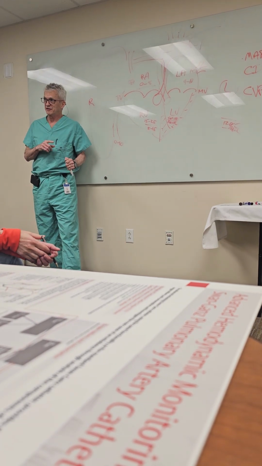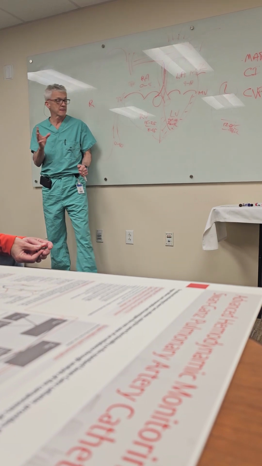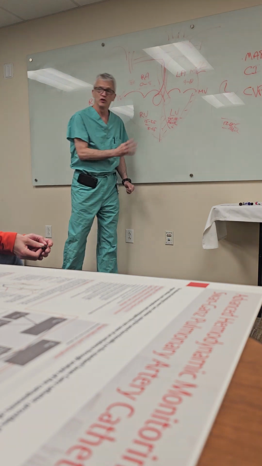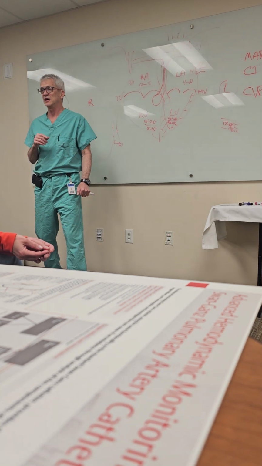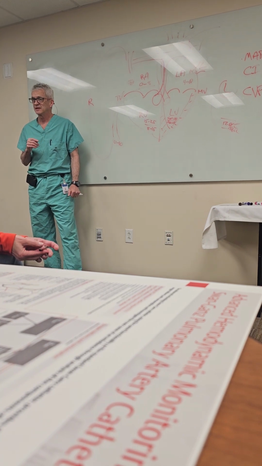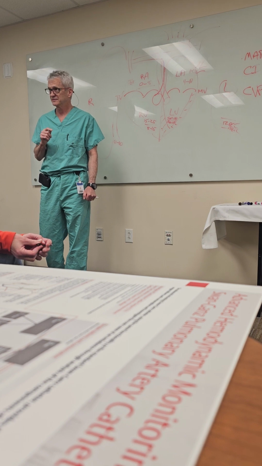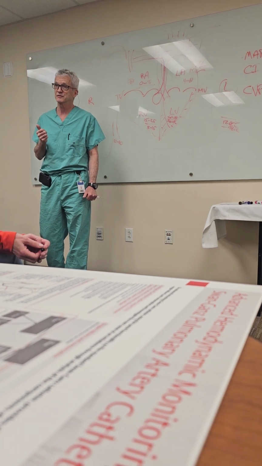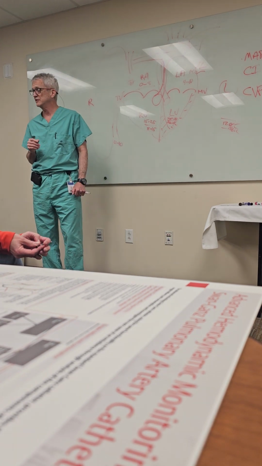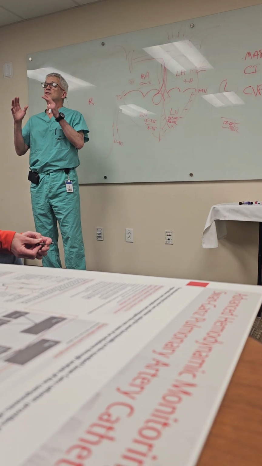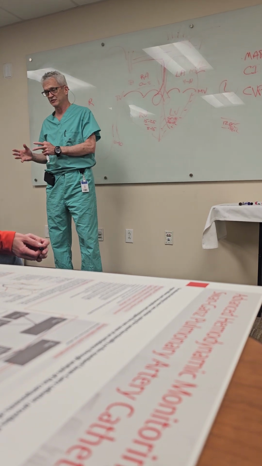So norepinephrine is not as chronotropic, okay? It has good, but not great, improvement in contractility, but it's more of a peripheral vasopressor. So we use it for blood pressure. We use it to some extent for ventricular squeeze. So now, does the patient have a good ventricle or a bad ventricle?